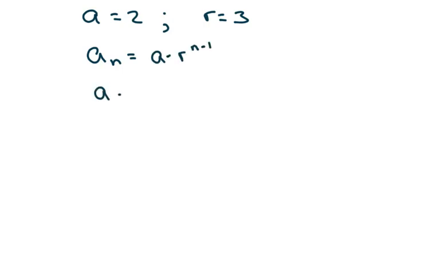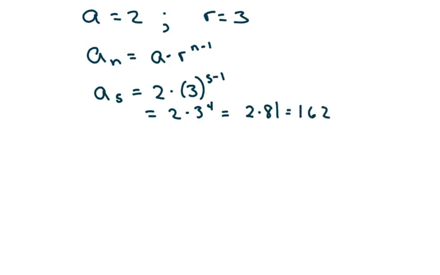So our fifth term is 2 times 3 to the 5 minus 1, which equals 2 times 3 to the 4th, which equals 2 times 81, which equals 162. And our nth term is just 2 times 3 to the n minus 1. All right? And that's how you do that.